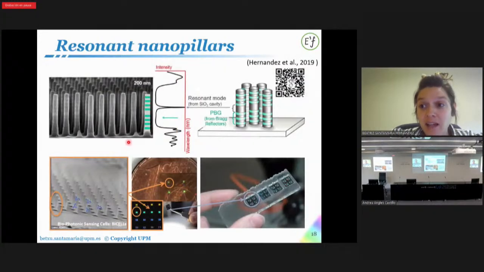The size of these sensors is compared here with a one cent coin, such is their small size. Imagine that we can perform a diagnosis in one of these tiny squares.